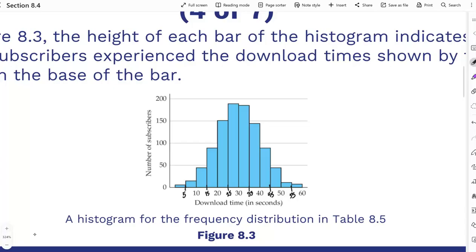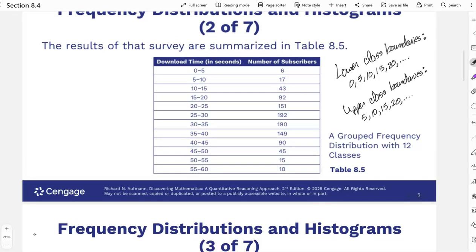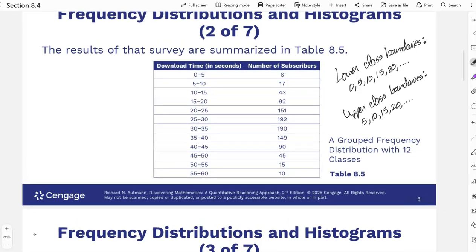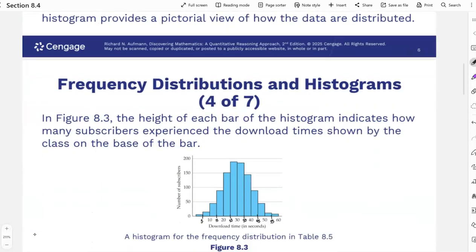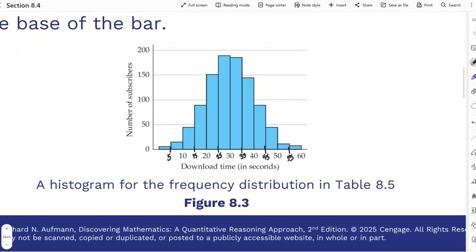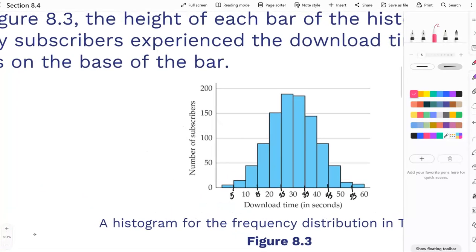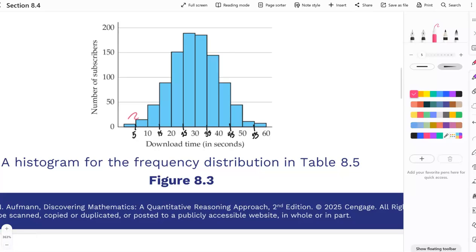You can see these heights correspond with our frequency distribution here. I would have a height of 6 in that first bar, a height of 17 in the second bar. That 20 to 25 has a height of 151, and so on. So I'm going to zoom in on this and write those heights in a different color so you can see.